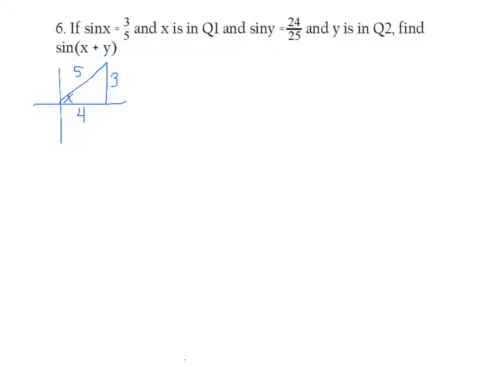Let's try it again. This time, we're going to figure out y. It tells us here that sine of y is 24 over 25. And this time the angle is going to be in quadrant 2. I'm going to put y down here. That's your angle. Sine is opposite over hypotenuse.